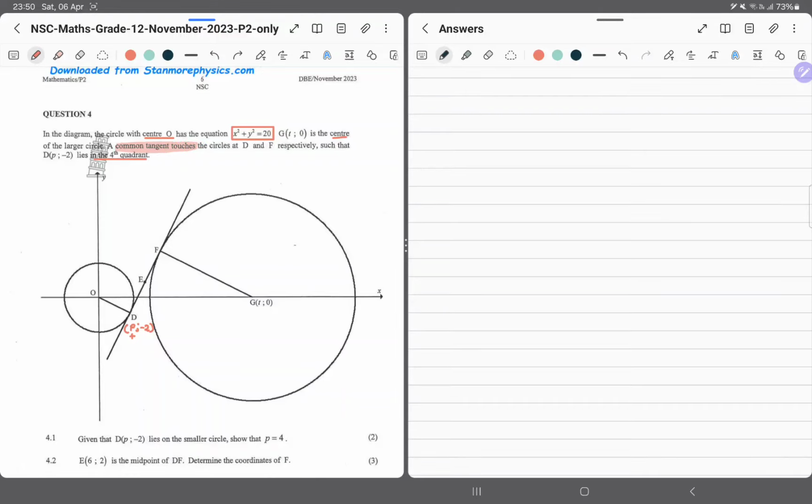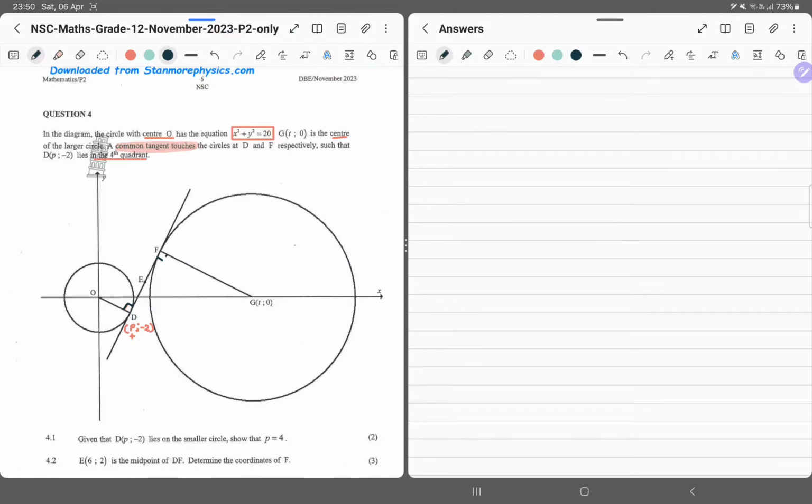And what else do we know? We know that if this line DF is a tangent, it means this line is going to be perpendicular to OD, the radius of the smaller circle.